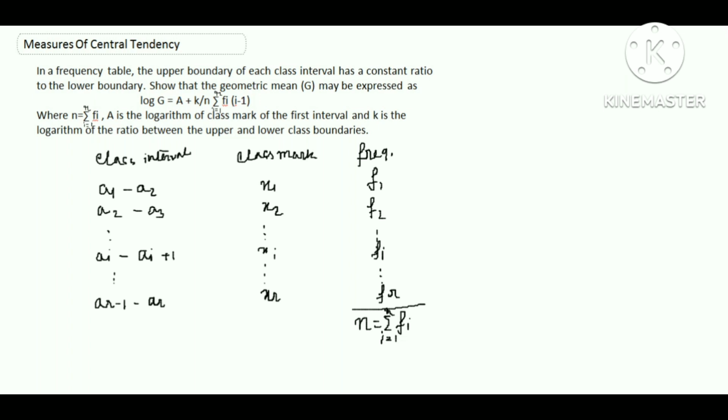Now we have said that the upper boundary of each class interval has a constant ratio to that of the lower boundary.